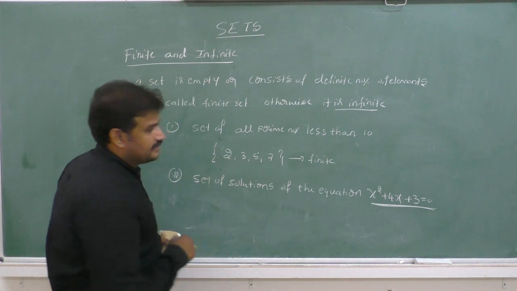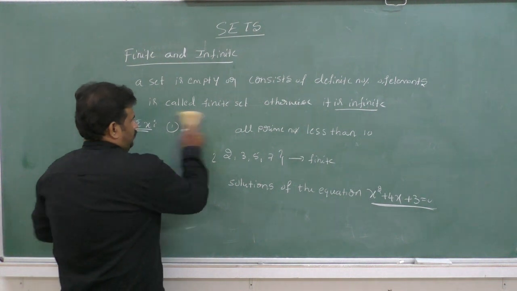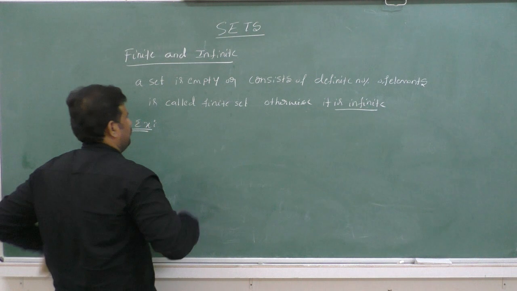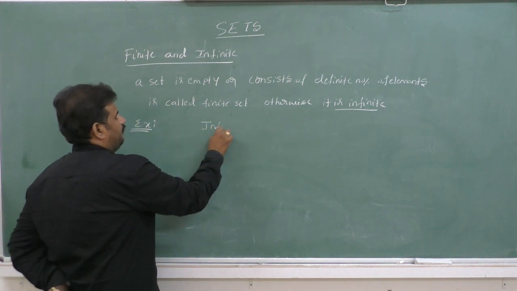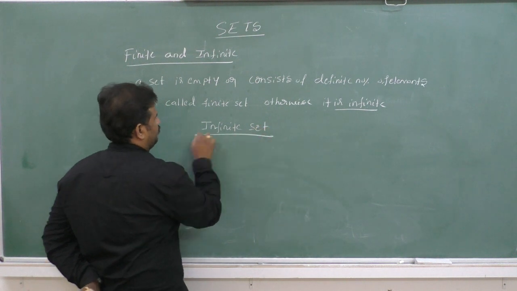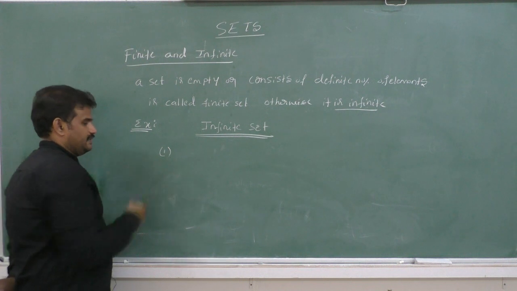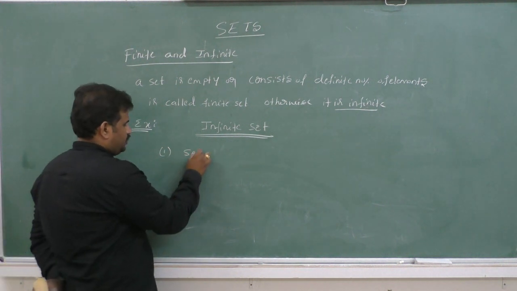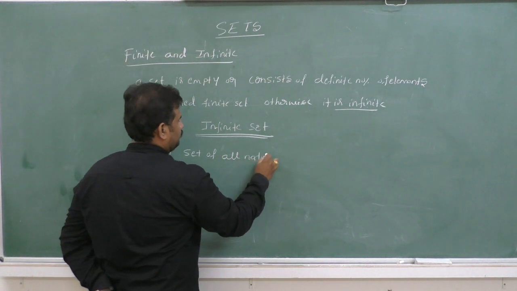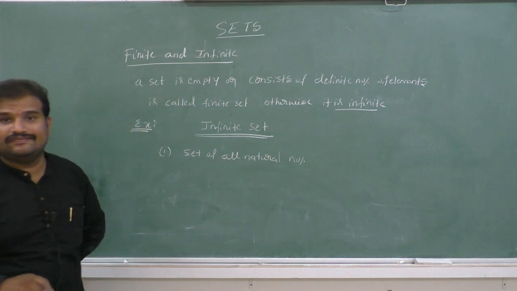So again, infinite set. What are the examples of infinite set then? Examples of infinite set. The first example is set of all natural numbers. Set of all natural numbers is an infinite set.